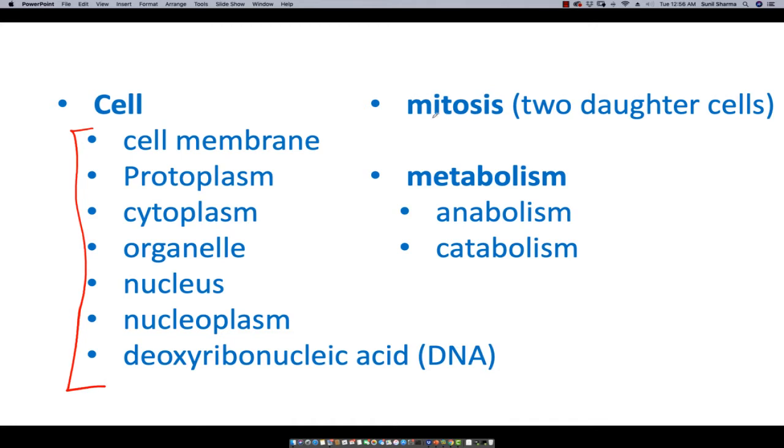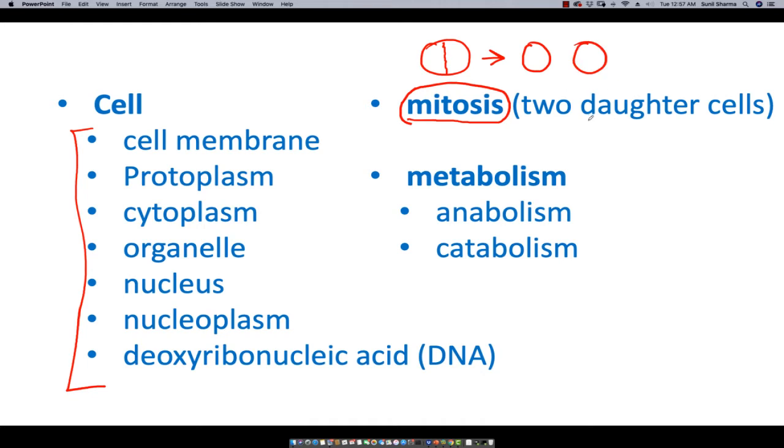Then we look at the cell division. And that division is the process called mitosis. And what happens is you have a cell and it begins to split in the middle. And the resulting two cells that we get out of that are called daughter cells.